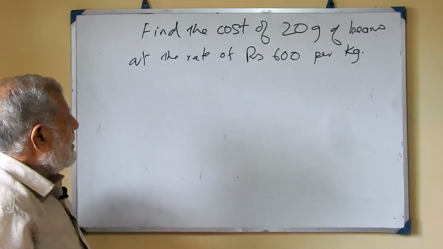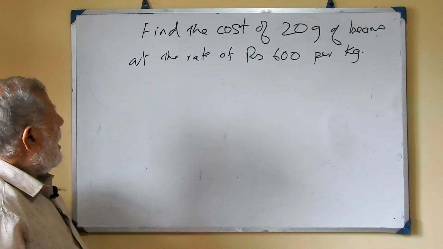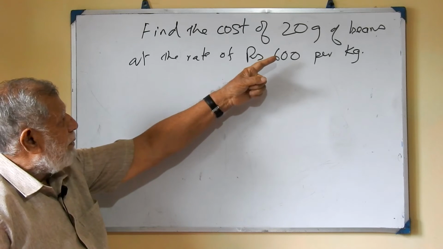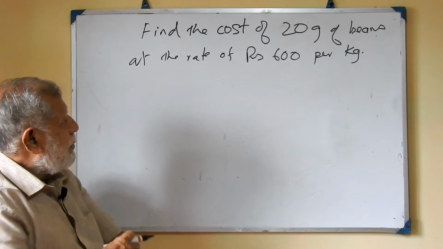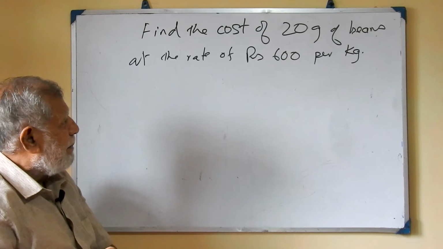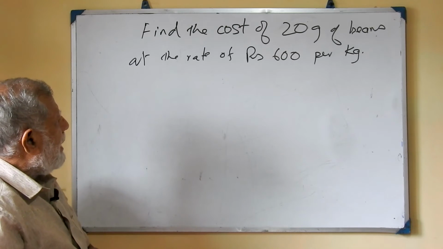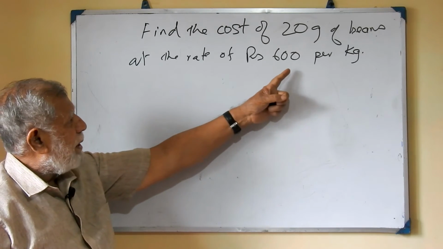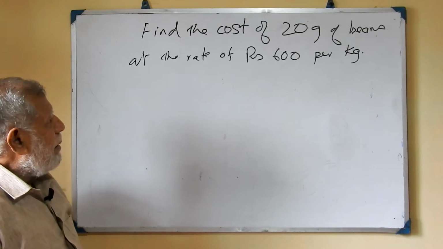So look how the sum is given. Now find the cost of 20 grams. So cost means it must come to the right hand side, the price. And they have given the rate as 600 rupees per kilogram. So we have to write per kilogram.